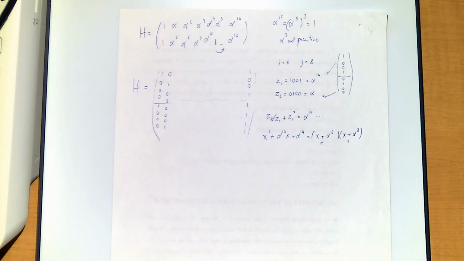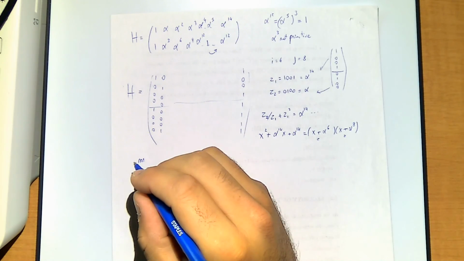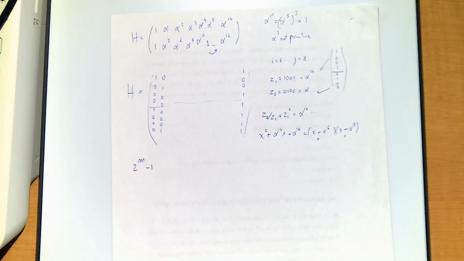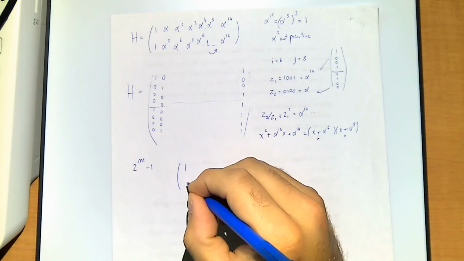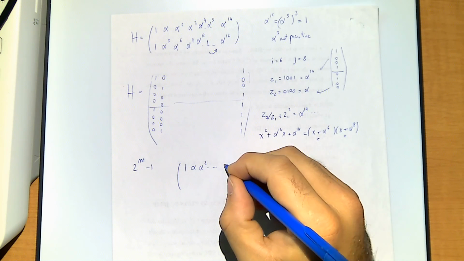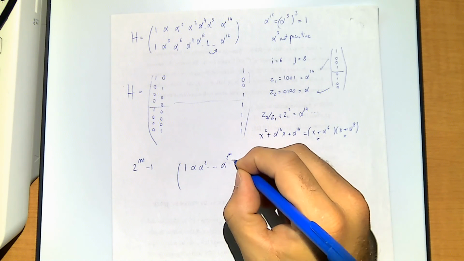So basically, in our construction, the length had to be 15 so we could do the finite field construction properly. In general, we can do this for any m, and then the length is going to be 2 to the m minus 1. The parity check is going to be of the form 1, alpha, alpha squared, all the way up to alpha to the 2 to the m minus 2.